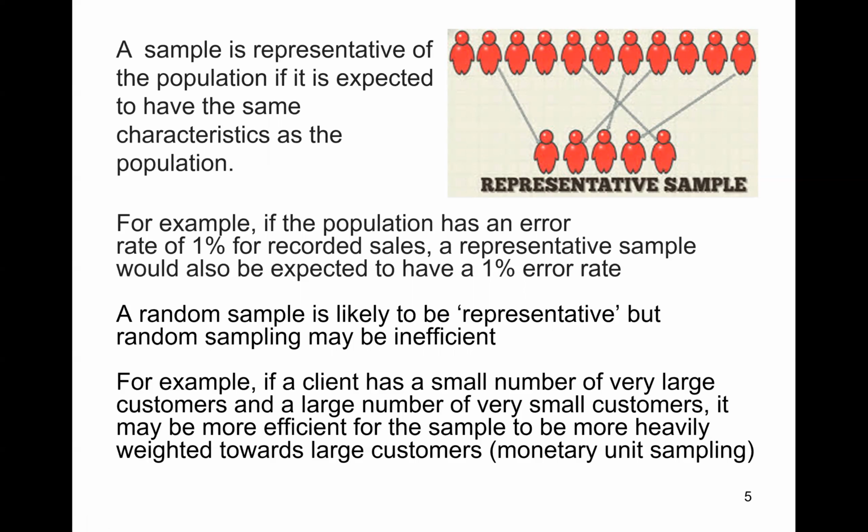So you'd want to weight your sample towards the large customers and less towards the smaller customers. And that's where monetary unit sampling comes in, because monetary unit sampling ensures that the auditor's sample is biased towards larger items. I'll explain more about that when we come to it in the PowerPoint slides.